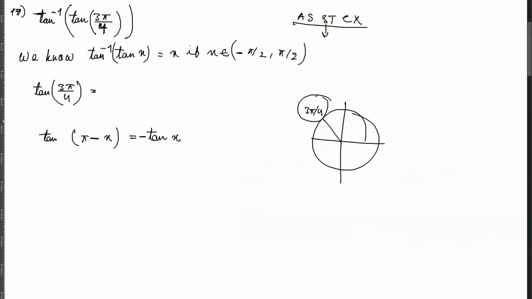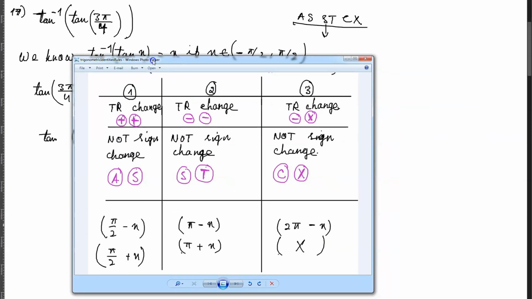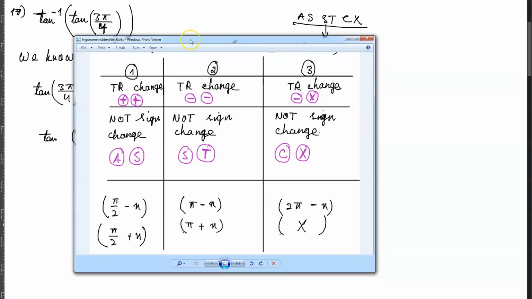One more thing about the table is that the trigonometric ratio change happens only in the case of pi by 2. Both in the case of pi by 2 minus x and pi by 2 plus x, the trigonometric ratio has changed. In the case of pi, it doesn't change. In the case of 2 pi, it doesn't change.